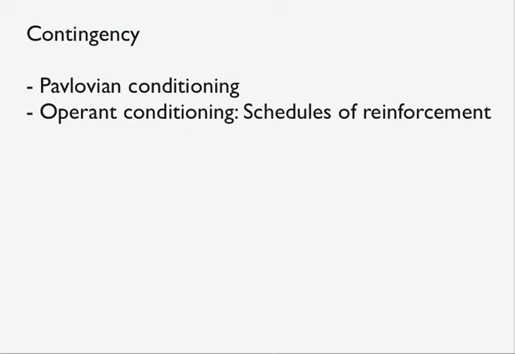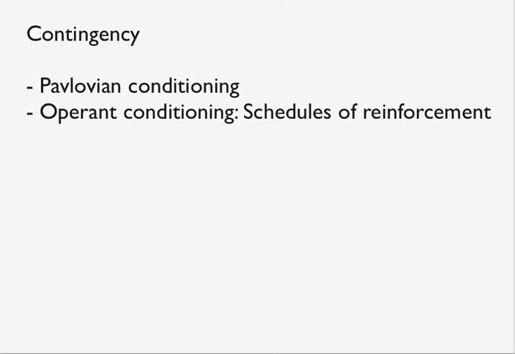Think about the possible things that could vary in the Pavlovian conditioning situation. Not that many. We can present different CSs, different lights or different stimuli, or different USs, a different food pellet, or it could be a shock, it could be aversive, and the timing of these events is what's critical in Pavlovian conditioning. How often do we present them, for how long is it presented, and so on.